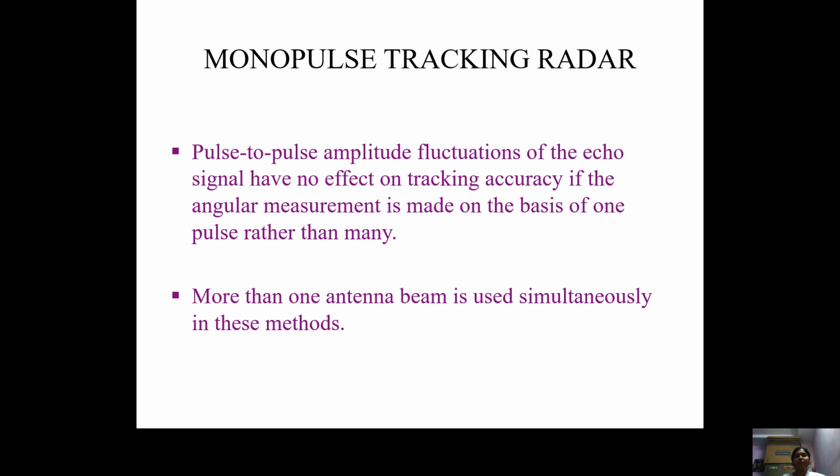Pulse to pulse amplitude fluctuations of the echo signal have no effect on tracking accuracy if the angular measurement is made on the basis of one pulse rather than many pulses. This is the main advantage of monopulse tracking radar. We transmit a single pulse and the received echo signal contains a single pulse.